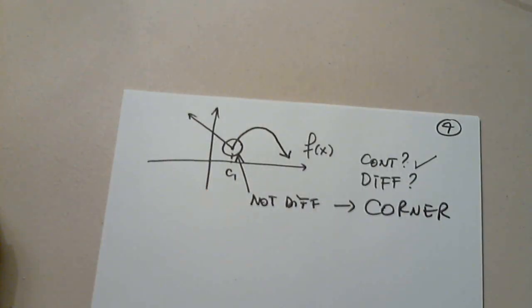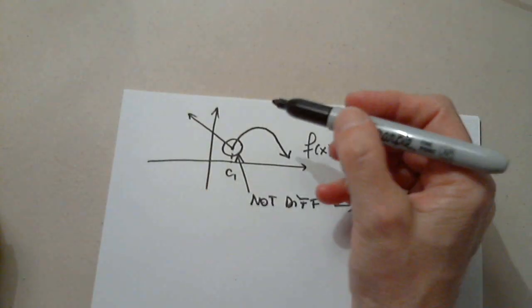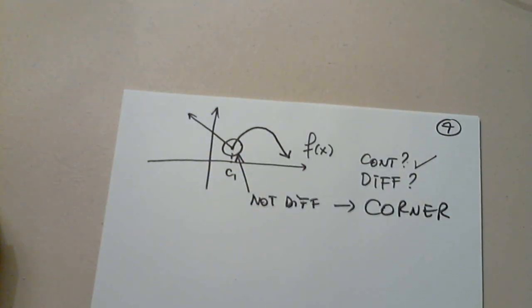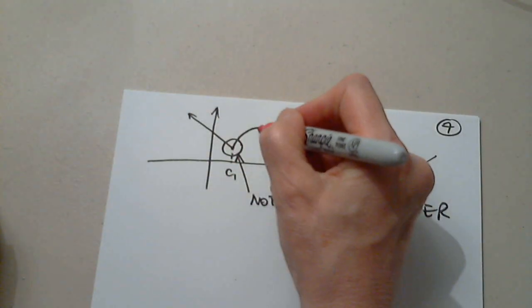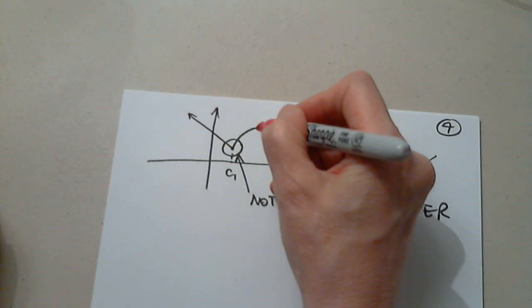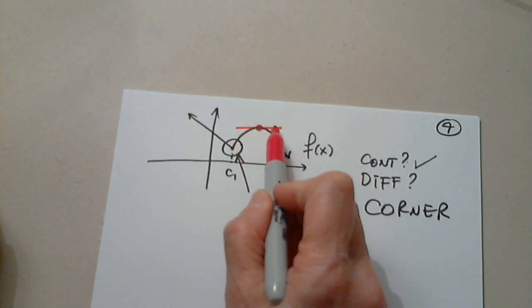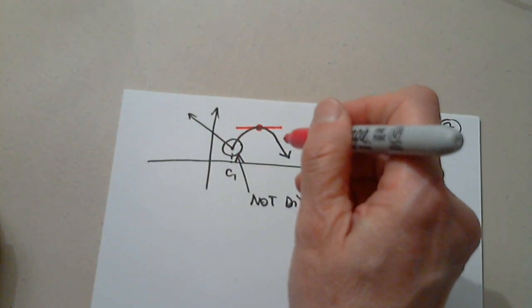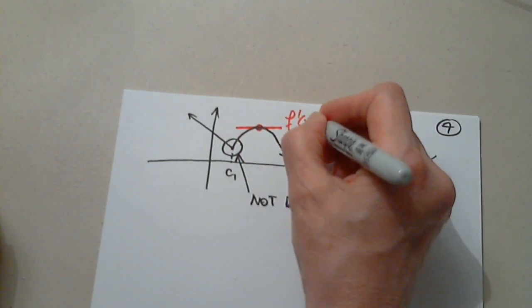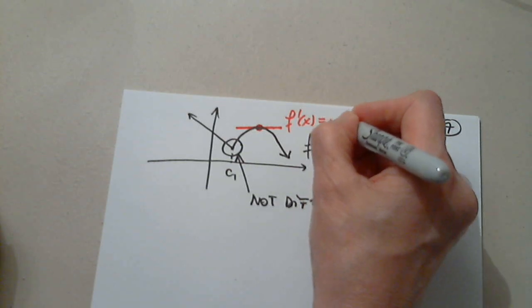C1. Now, see at this point, let me use a different color right here. At this point, the slope of the tangent, which is the derivative, f prime of x is 0.